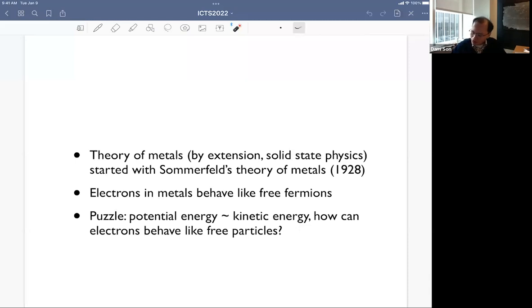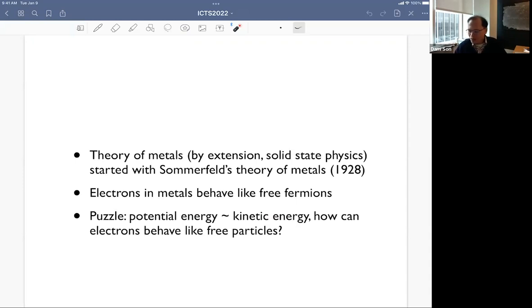But this picture of Sommerfeld left out one puzzle: why electrons would behave like free particles. If one estimates the values of the potential energy and the kinetic energy of electrons in a typical metal, where the potential energy is e squared over r, which is the Coulomb energy of interaction between neighboring electrons, and the kinetic energy is determined by the Fermi energy, eventually by the density of electrons, one sees that they are of the same order of magnitude.